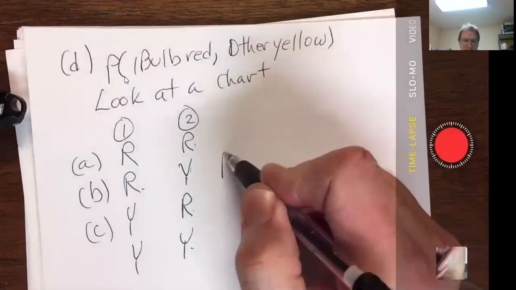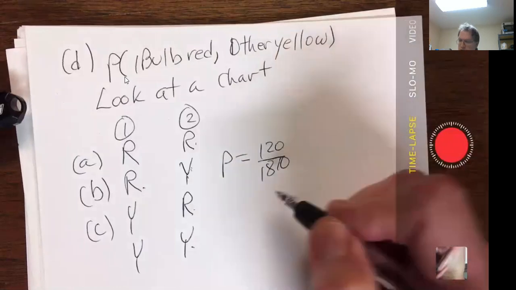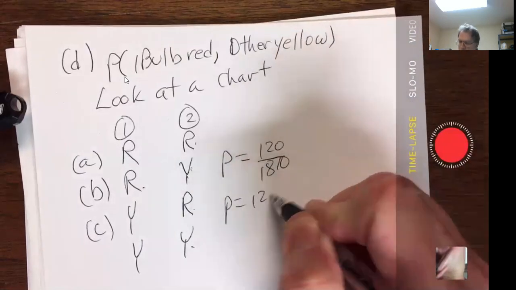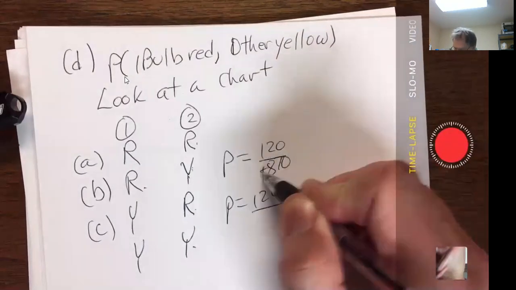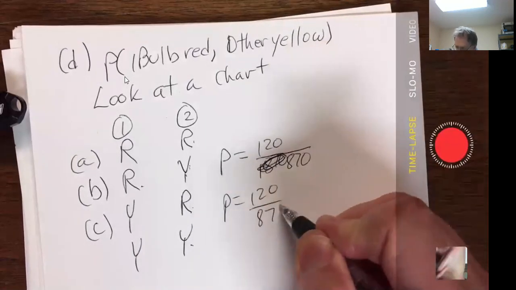Now in B, we had 120 over 870. And also C, 120 over 870.